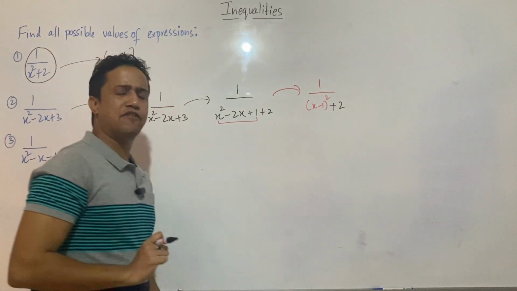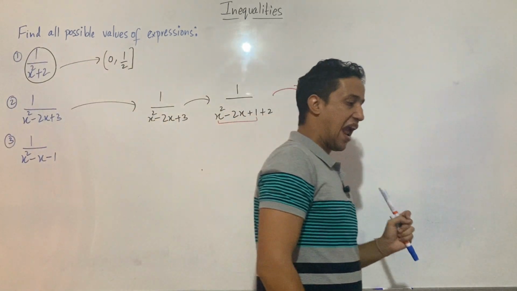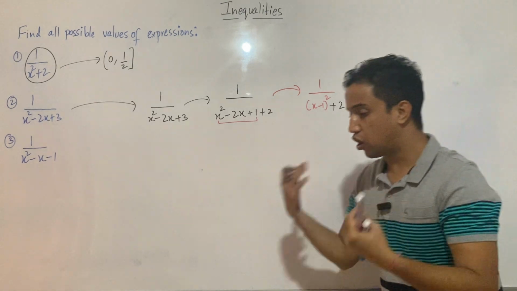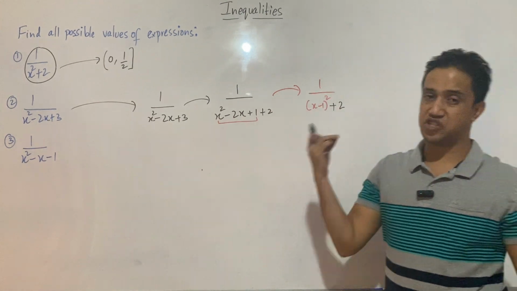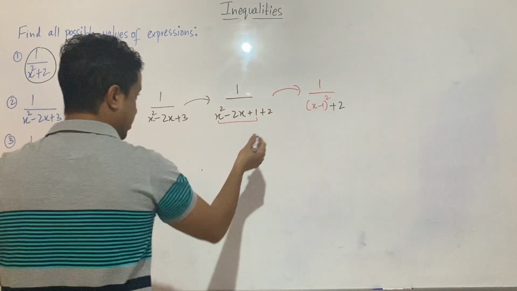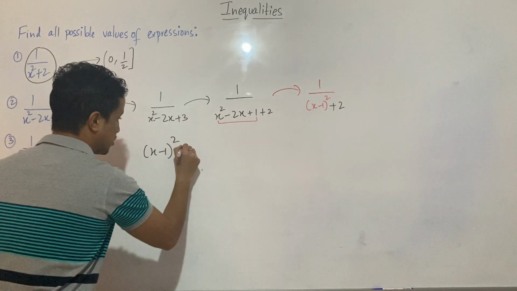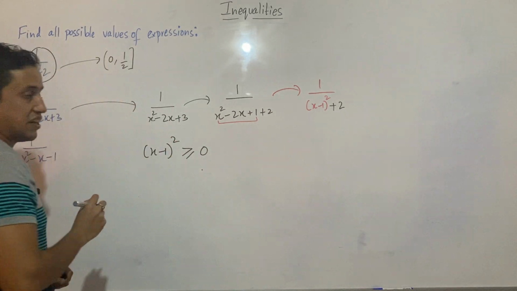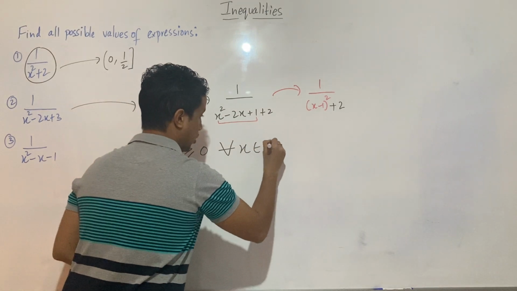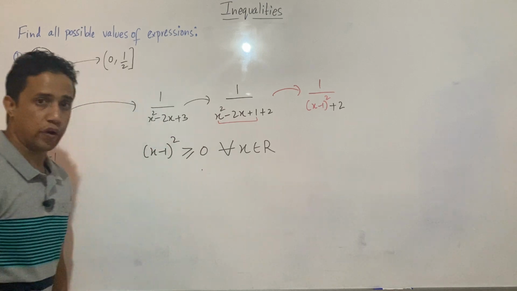Now again, if you input any real number here, then this x square is always going to give you 0 or a positive number, right? So I can say that (x minus 1) square is always greater than or equal to 0 for all x belonging to the real numbers. I hope you agree with me.